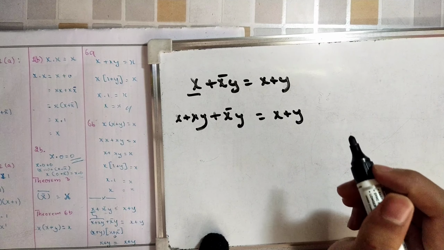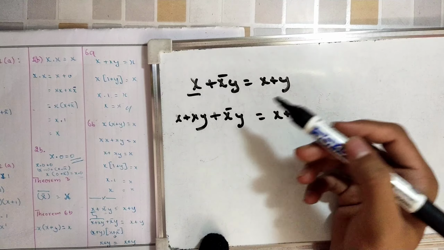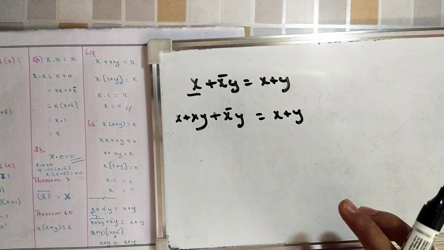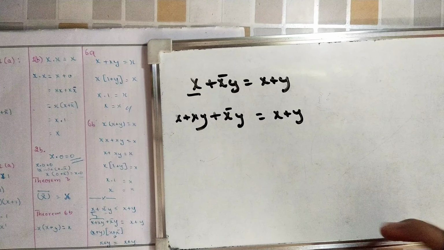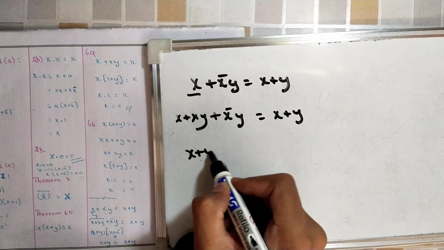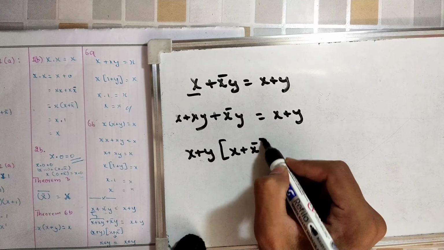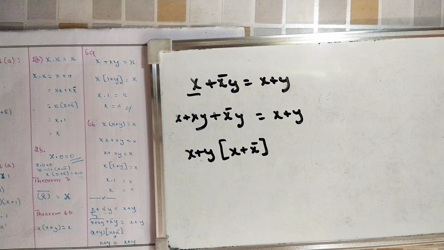So here what you have to do is take x plus y as common. So this is one term, right? So just take x plus y common here.